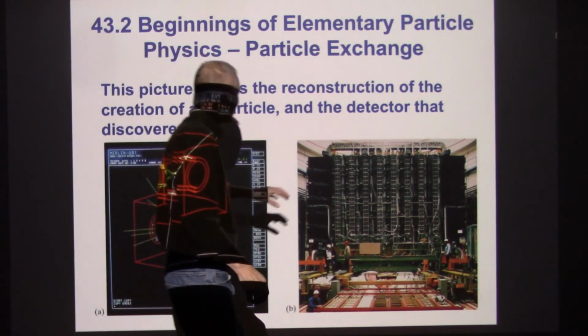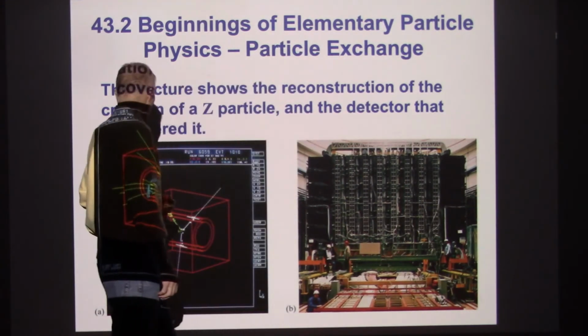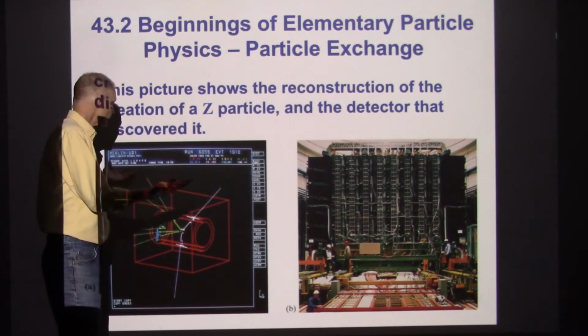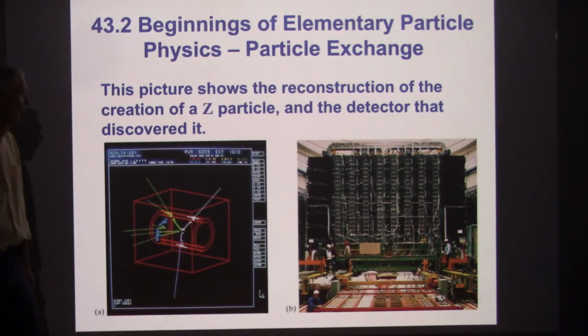These detectors are designed so that they can pick up particles as they fly by, and then, here's a computer screen representing what has happened during one of the events. So maybe a proton ran into an antiproton, and these are the particles that came through our detector.